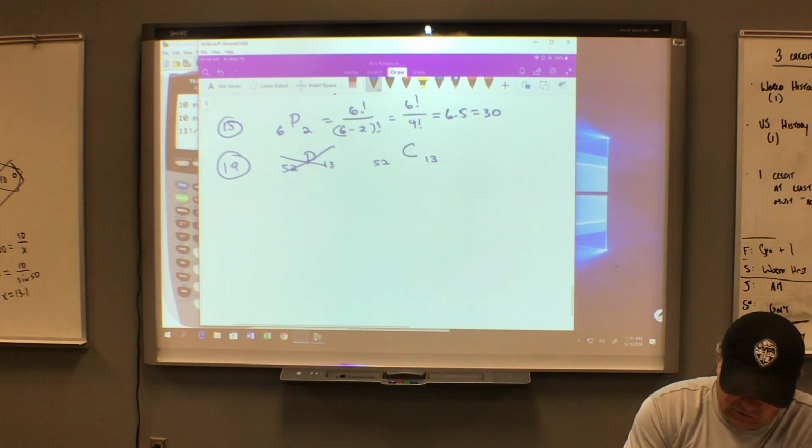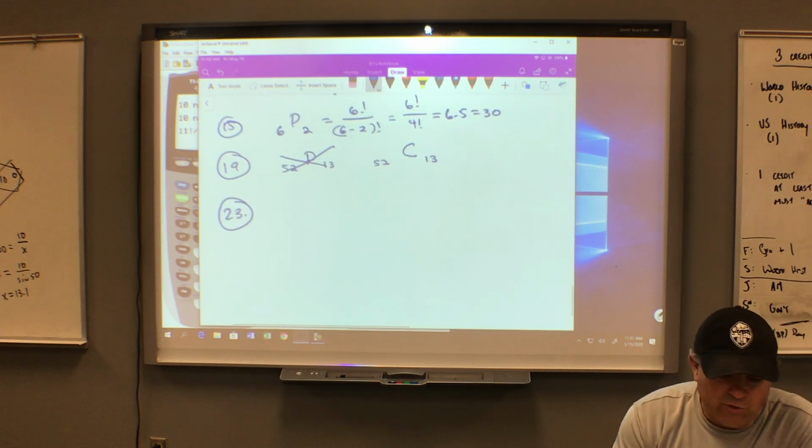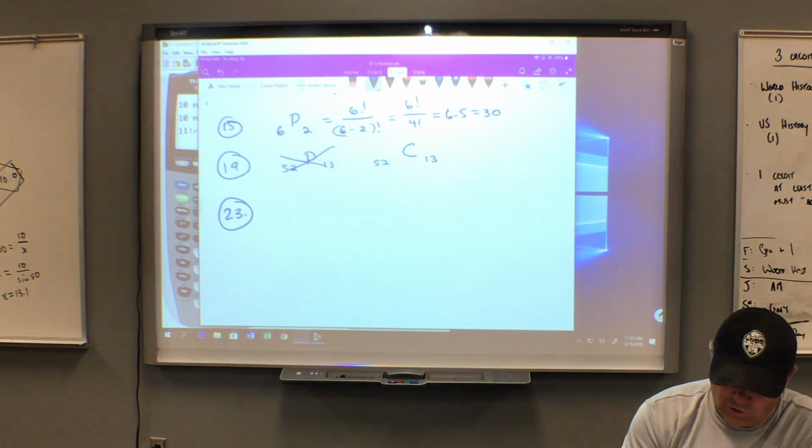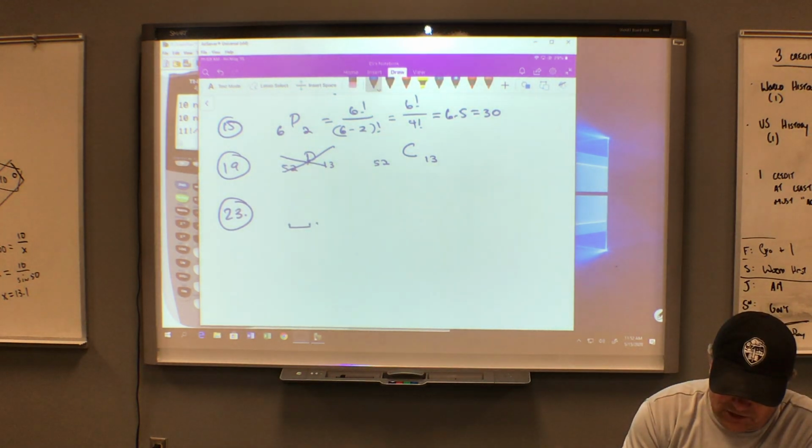Okay, let's look at 23. 23 talks about license plates. How many different license plates begin with 2 digits, followed by 2 letters, and then 3 digits if no letters and digits are repeated? So if I was going to do that, all right, digits.